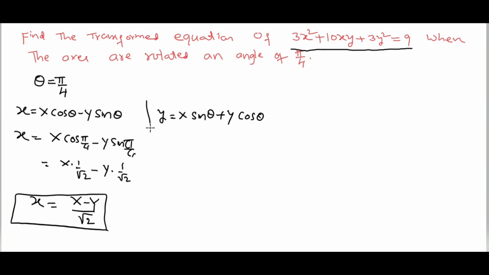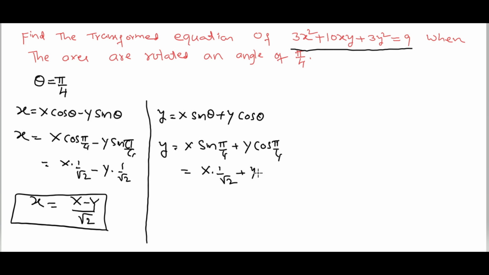And find the small y value, that is small y is equal to capital X into sin theta, theta value is pi by 4, plus capital Y into cos pi by 4. Write down the values of sin pi by 4 and cos pi by 4, that is X into 1 by root 2 plus Y into 1 by root 2.